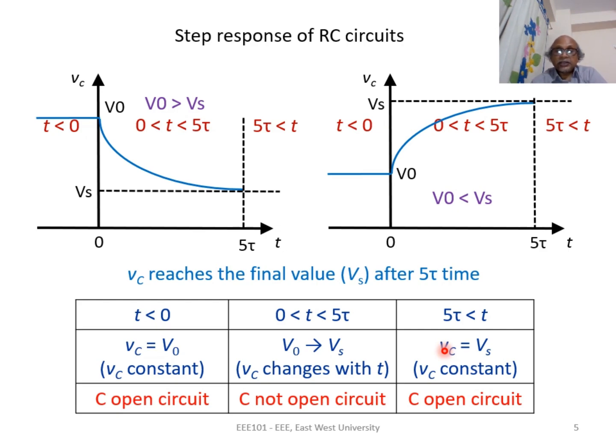Because there is no DC condition, the capacitor may not be treated as an open circuit in this region. So it is important that we understand the three different time zones and the behavior of the capacitor in each of these three time zones. When the capacitor behaves as an open circuit and when the capacitor cannot be treated as an open circuit. You need to be clear about this point.